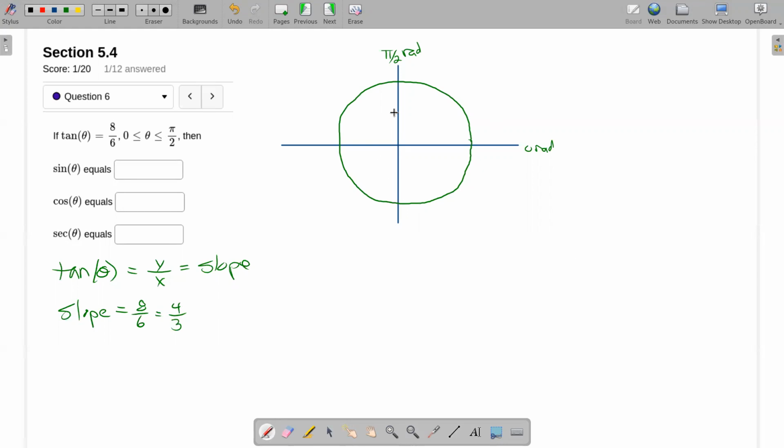Let's suppose that would be a half right there, and then this would be a quarter there and there. And so if I count by quarters, I would go up 1, 2, 3, 4 quarters, and then right 1, 2, 3 quarters. So that would put me up here somewhere. And so this is a slope of 8/6 or 4/3.